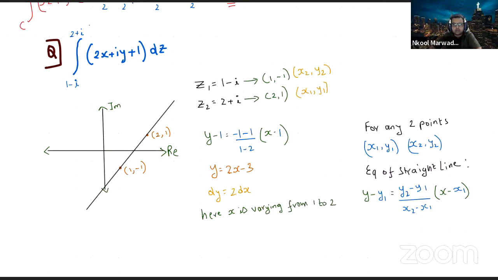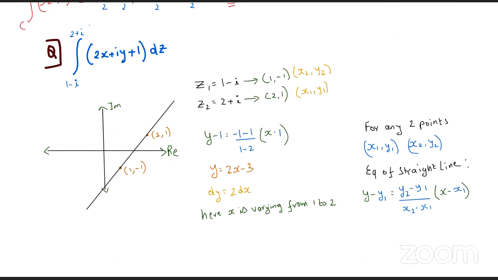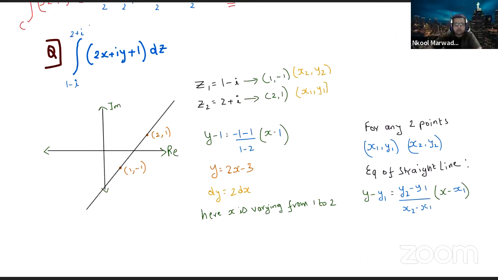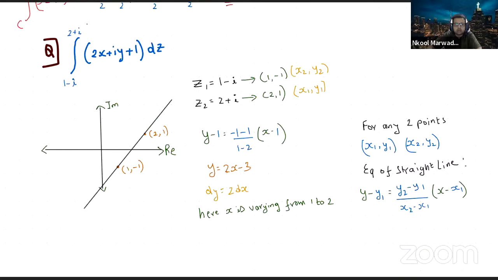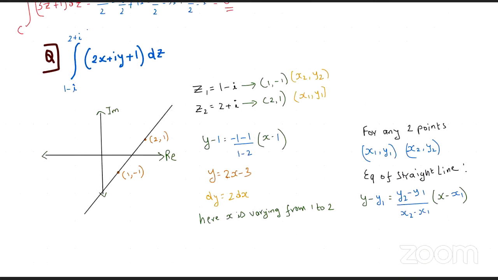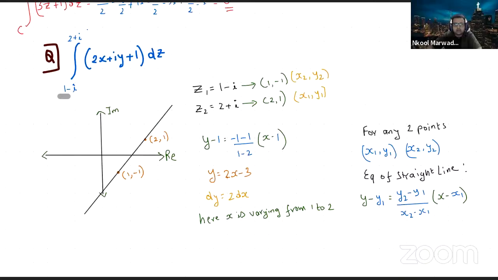Because if you look at the points, 1 and 2 are both there. So x is varying from 1 to 2 in the interval, and hence we can say that x is varying from 1 to 2 based on the interval given.